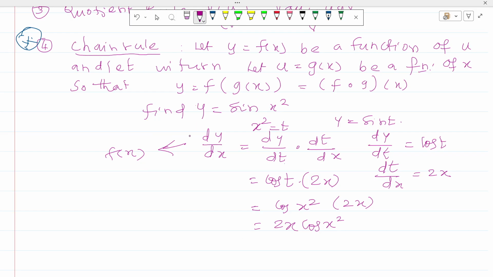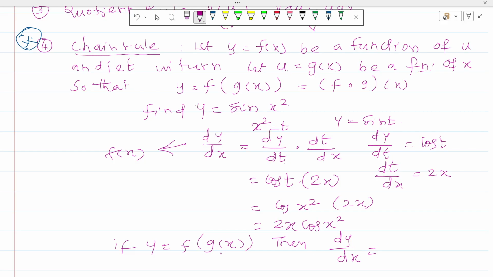Therefore, the chain rule is, if y equal to f of g of x, then dy by dx equal to df.